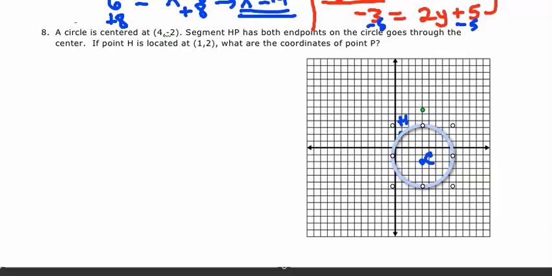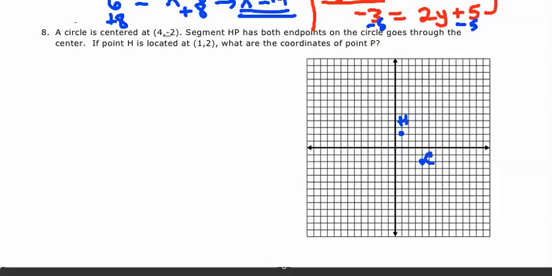Okay, and we want to find this other endpoint over here. Now remember the diameter, and I don't think this circle is perfect, but the diameter is going to end up going through the center, and then the center is going to be the midpoint. So let me remove my circle here. So basically, C is the midpoint, H is the endpoint. We want to find the other endpoint.